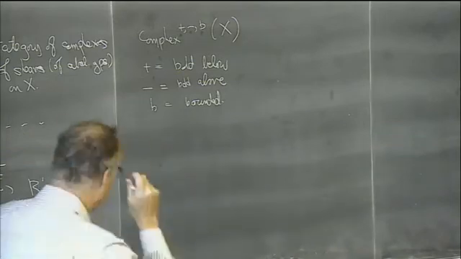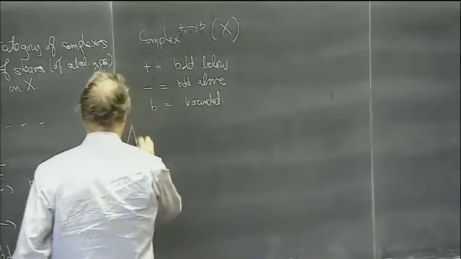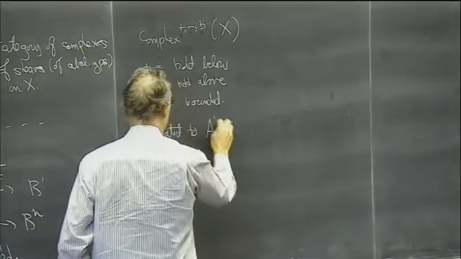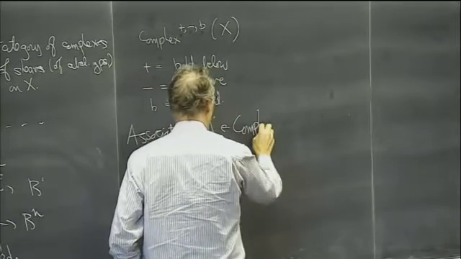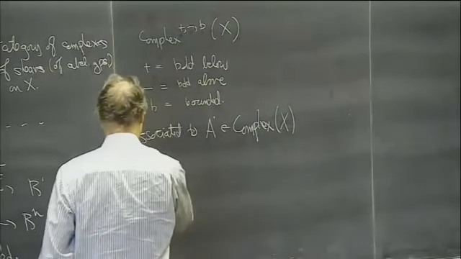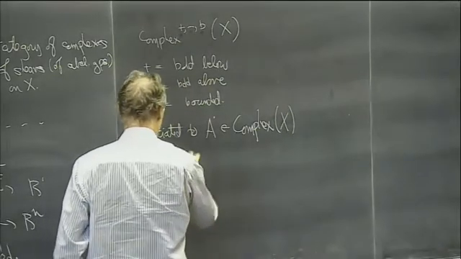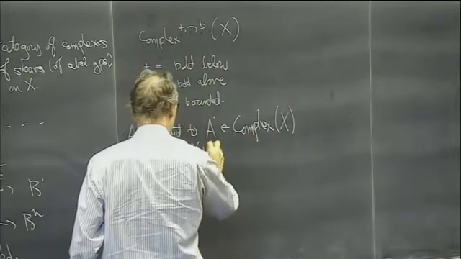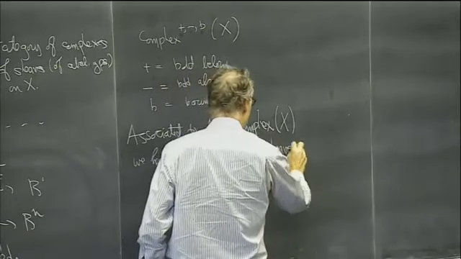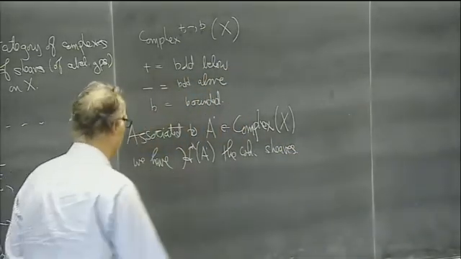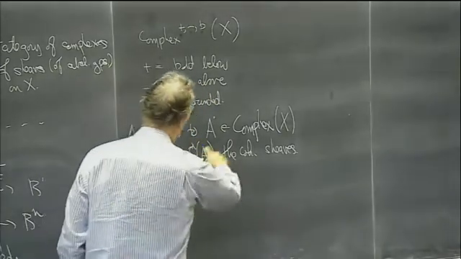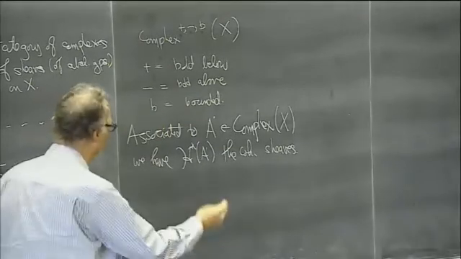And of course, associated to a complex of sheaves, to an object, we have its cohomology sheaves, which I'll denote this way. All right, so this is just a graded, well, it's just a collection of sheaves indexed by the integers, so a graded sheaf.